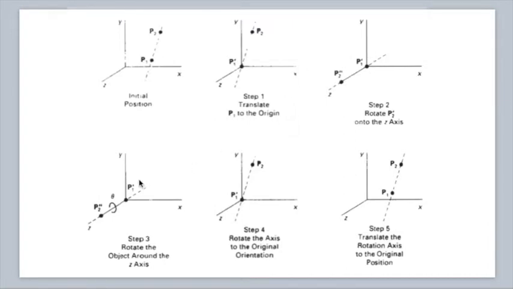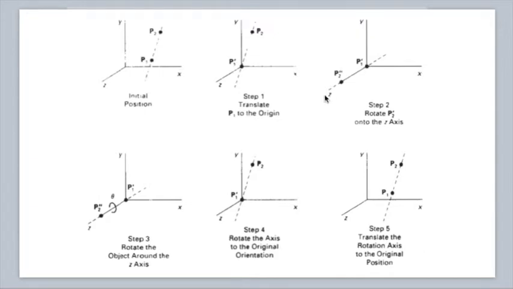Then what you do? After that, you rotate the object around the z axis. You can rotate it so that it coincides with any of these axes. Here in this example you are coinciding it with the z axis. You can also do it with the y axis or x axis.